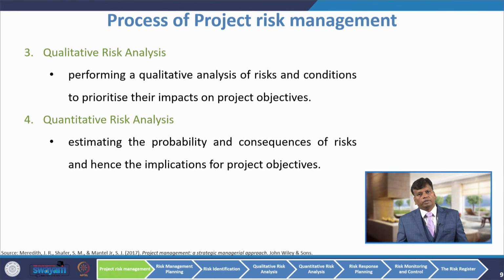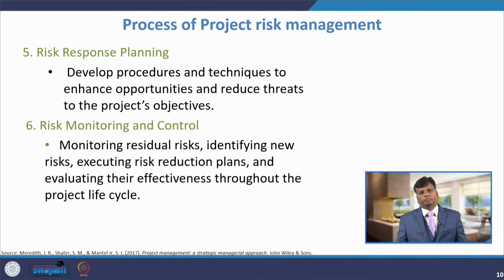The third step is qualitative risk analysis, that is, performing a qualitative analysis of risks and conditions to prioritize their impact on the project objectives. After that, the fourth step is quantitative risk analysis. Here, we estimate the probability and consequences of risks and hence the implication for project objectives.